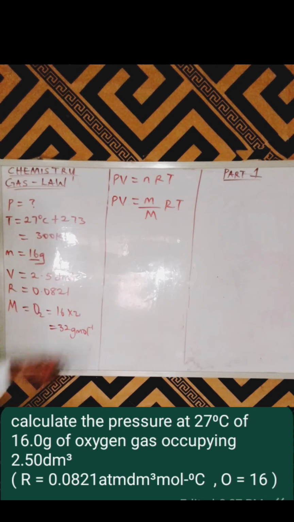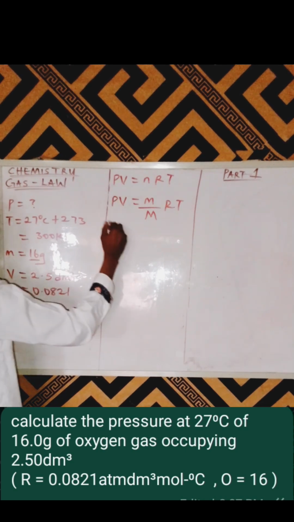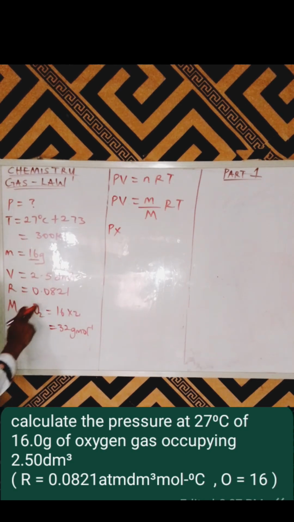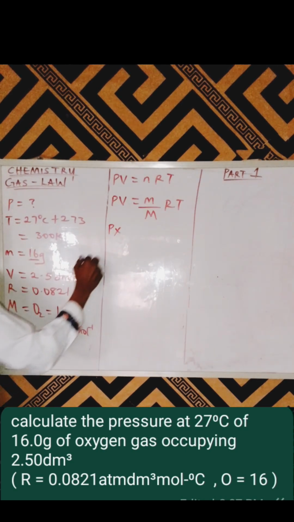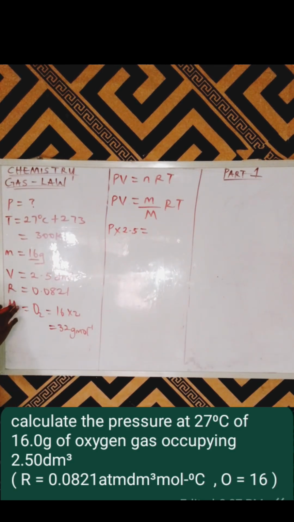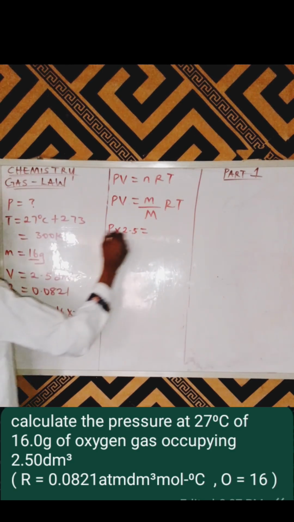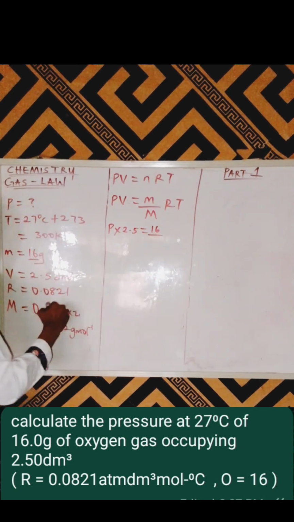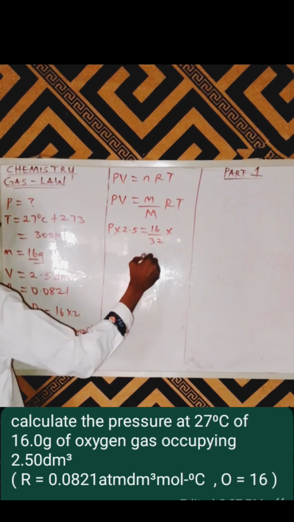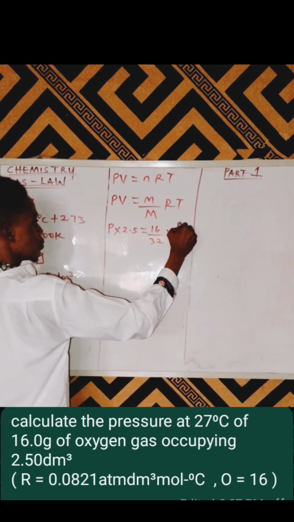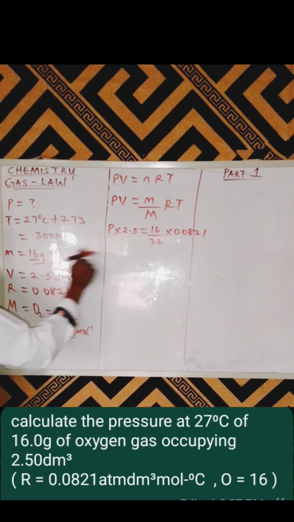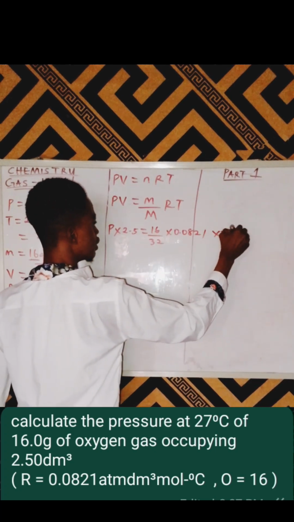So now let's apply it to our formula. I'm looking for P, which is unknown, times V. V is 2.5, times 2.5 is equal to the mass of the gas, which is 16 gram, 16 over the molar mass, 32, times R. R is 0.0821, times T is 300.